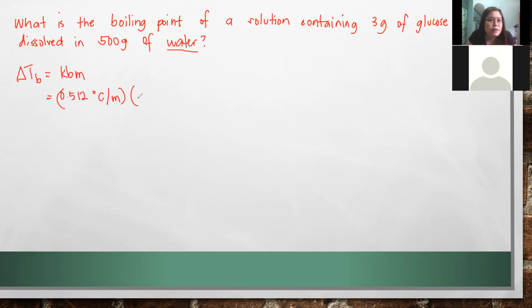Now, how about the molality? We can actually compute for the molality if we use the given. We have the 3 grams of glucose and then dissolved siya in 500 grams of water. So remember that molality is the moles of our solute divided by kilograms of our solvent.